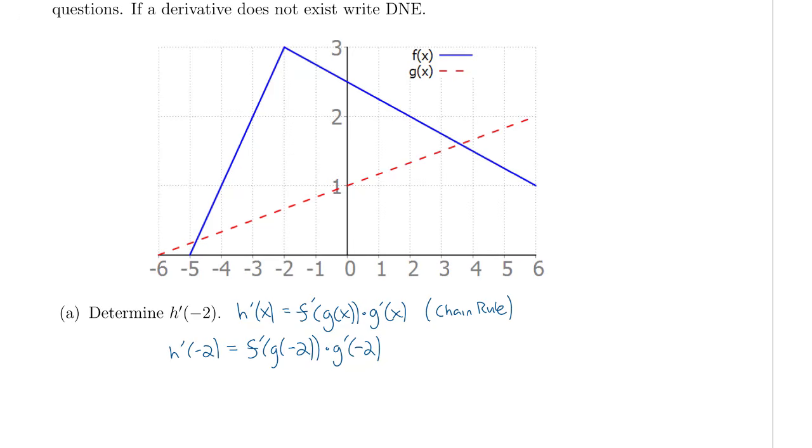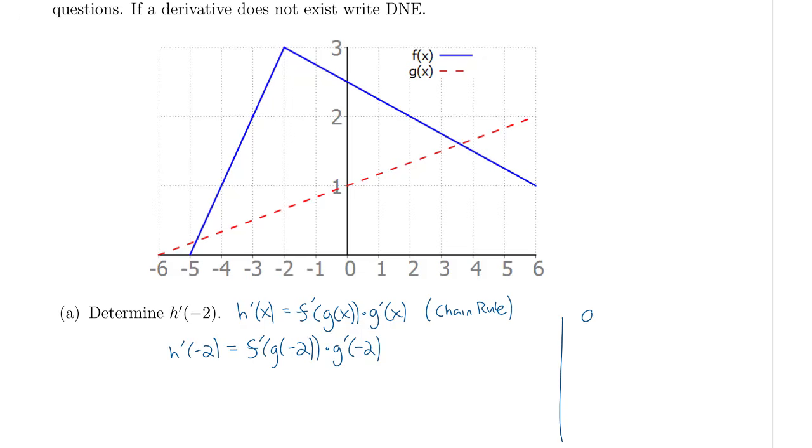Recall from section 4.3 that the derivative of these piecewise linear functions is just the value of their slope at that x value, because the tangent line would just sit on that line. So the rate of change is constant for any linear function, and it's precisely the slope. What we calculated last time was that at x equals negative 2, the derivative of g is 1/6.